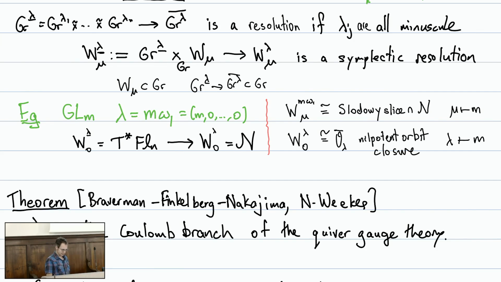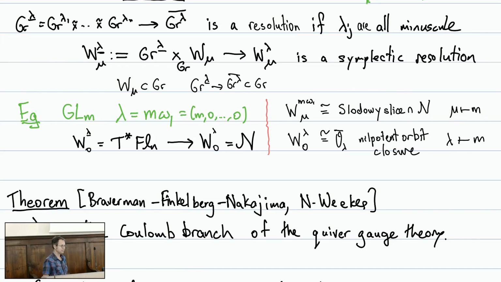And one reason why you should believe that W lambda mu is a good object to study is because it is the Coulomb branch of that quiver gauge theory. This was proven by Braverman, Finkelberg, and Nakajima in the simply laced case. And Nakajima and Weekes extended the theory of Coulomb branches to formulate and prove this theorem in the non-simply laced case.